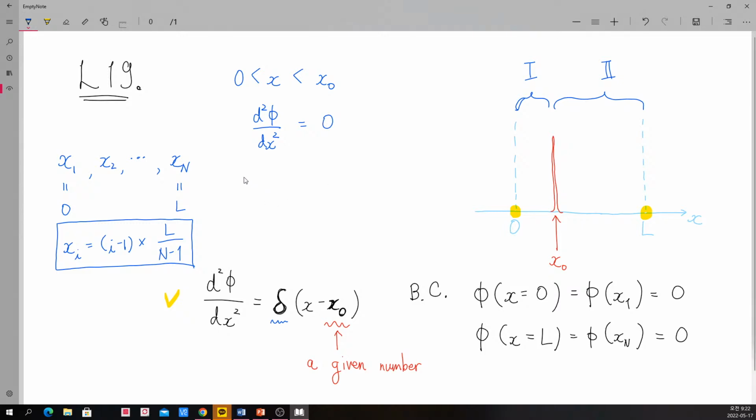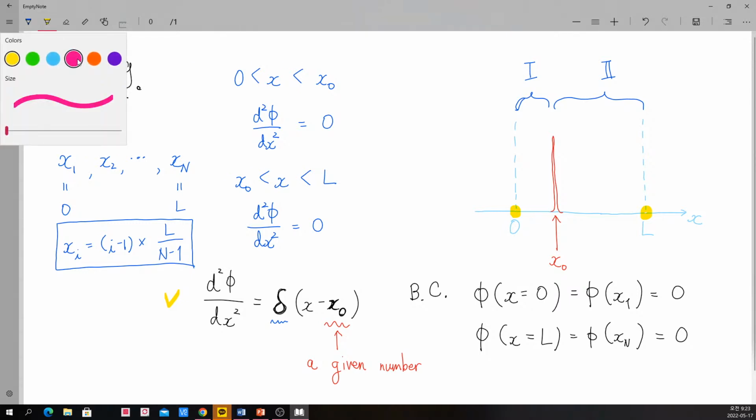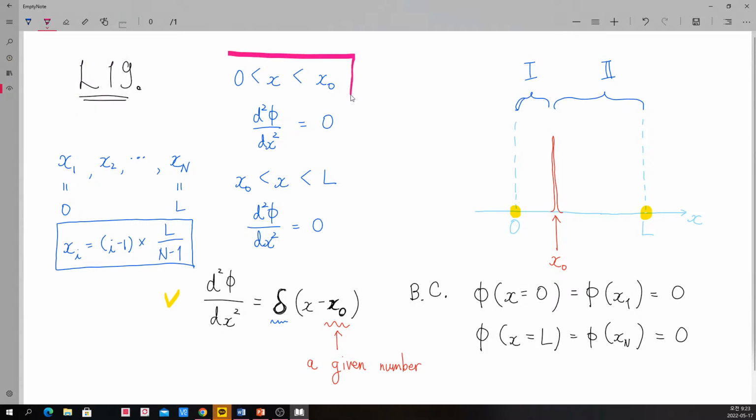Quite similarly, when x is larger than x naught, we can also have this equation.